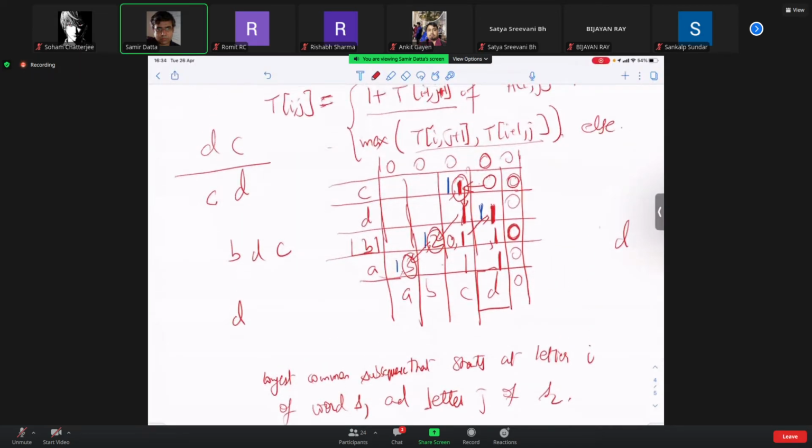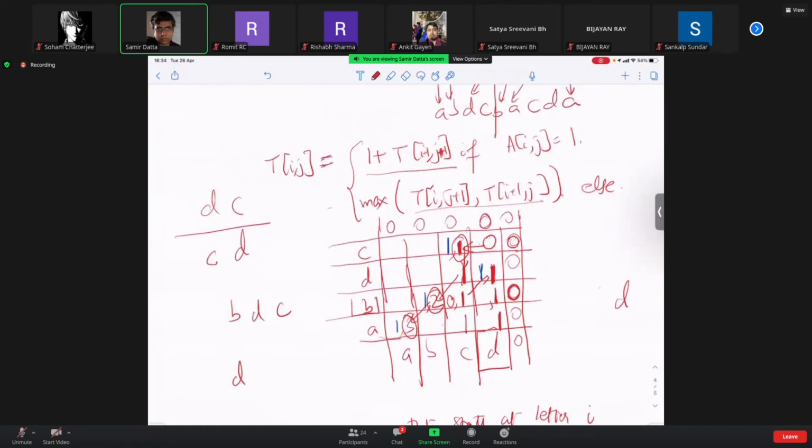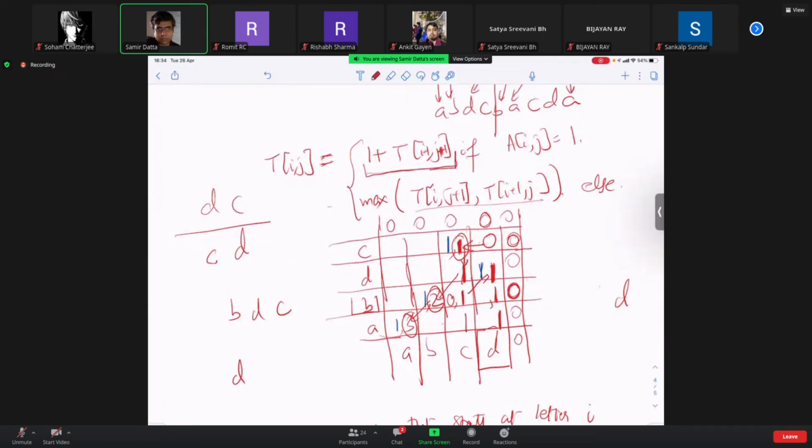Okay, so you can trace back the path by checking which rule triggers it. If the matching rule is triggered, then Aij is 1, and you include Ij in the word. Otherwise, whichever is maximized, this one or both, you pick one of them arbitrarily, then you see which one matches that, and so on, correct?